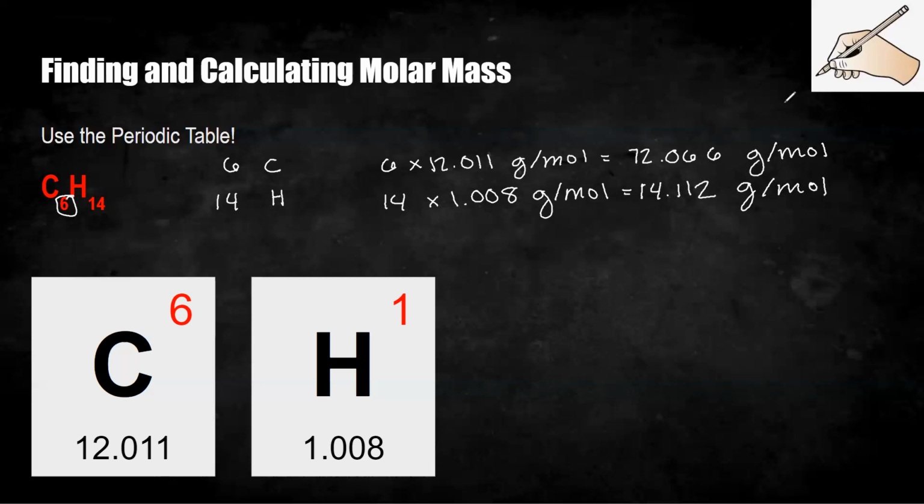So we found the total molar mass of all the carbons in that compound here. We've found the total molar mass of all the hydrogens in this compound. We need to add them together. So our total molar mass for this compound is actually going to be 72.066 plus 14.112.